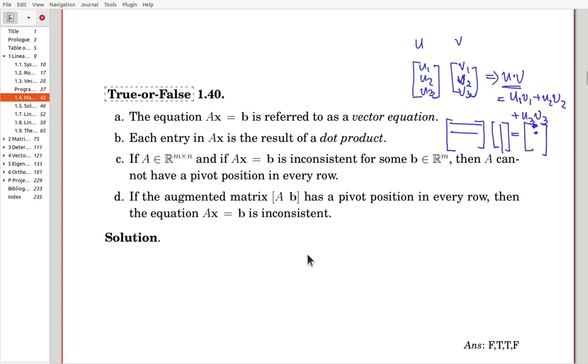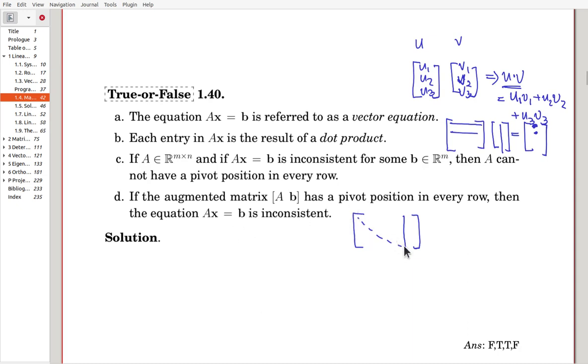For example, in an augmented matrix that has a pivot position in every row, if the pivot positions appear except in the last column, then it is consistent. It has a solution.